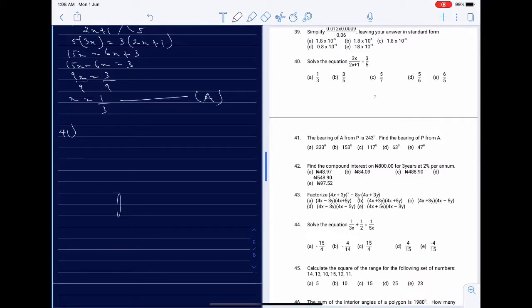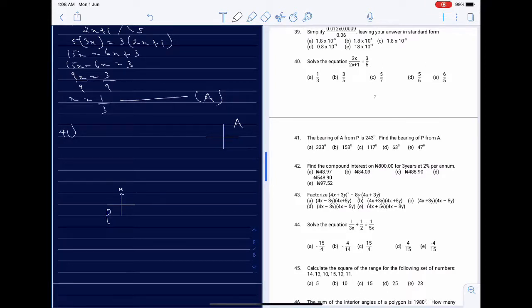Bearing of A from P. If this is point P, for example, if they say from P, that means we are starting from P. And this is point A. The bearing of A from P is the angle that runs from the north pole at A to the line that joins A to P. So I need to know first, where is 243 degrees?